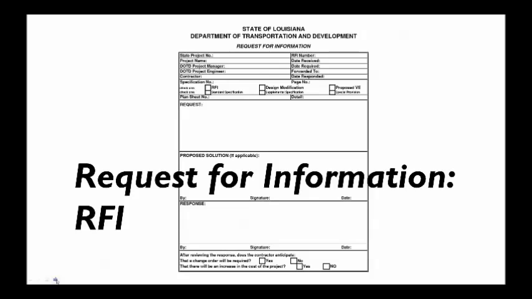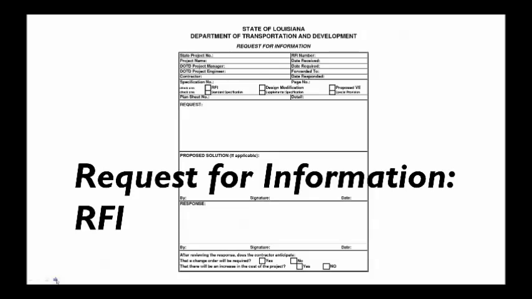Basically it's a question that they need a response to from the architect, either a design question or a clarification. Maybe there are two drawings that are showing the same thing, maybe the same condition, but they're slightly different, or they have different dimensions, or they need clarification. Then they'll ask for an RFI.